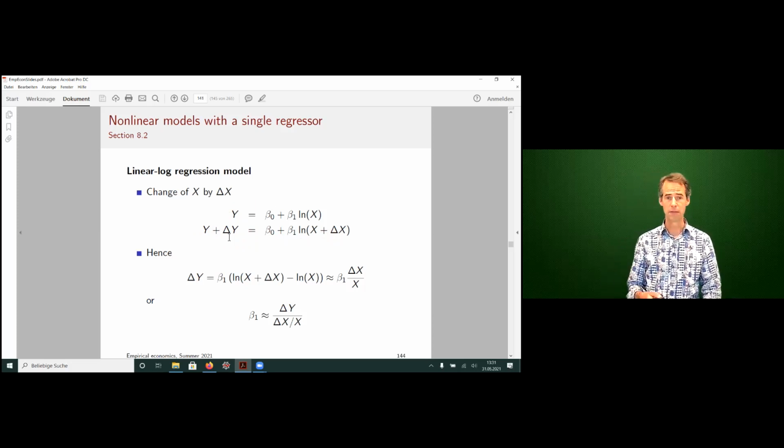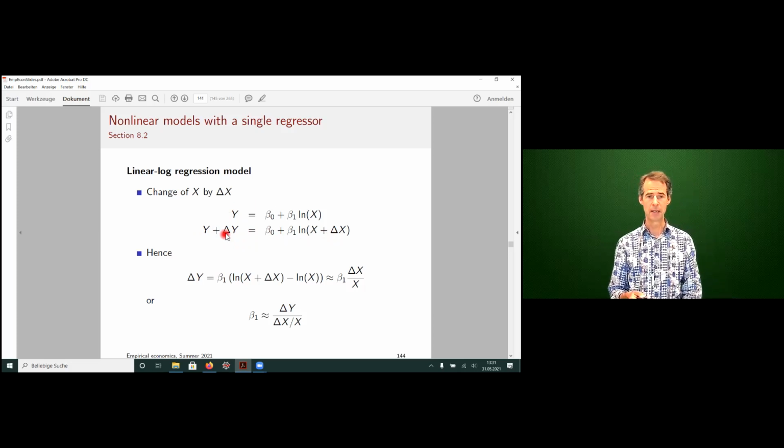So we can now reformulate this model and subtract the first equation from the second equation. In that case, on the left-hand side, if we subtract the y from y plus delta y, what remains is only the delta y. On the right-hand side, beta 0 minus beta 0 just drops out. That completely vanishes. And here we have beta 1 log of x plus delta x minus beta 1 log of x.